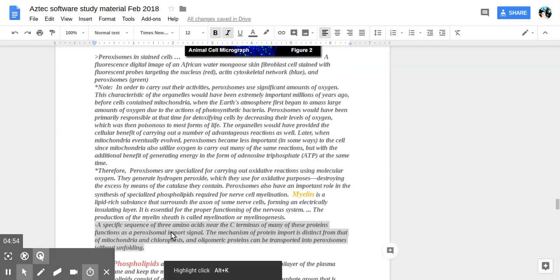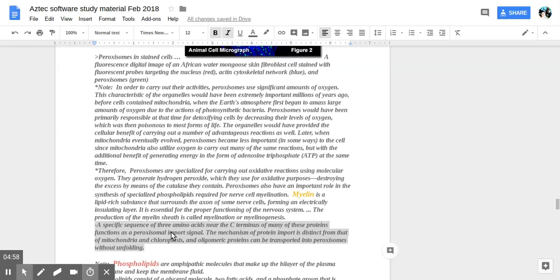So, a specific sequence of 3 amino acids near the C terminus of many of these proteins functions as a peroxisomal import signal. The mechanism of protein import is distinct from that of mitochondria and of chloroplasts. The oligomeric proteins can be transported into peroxisomes without unfolding.